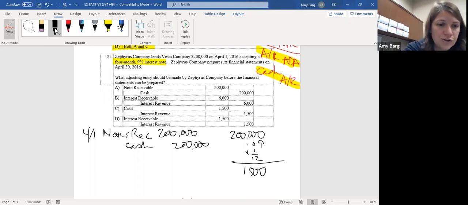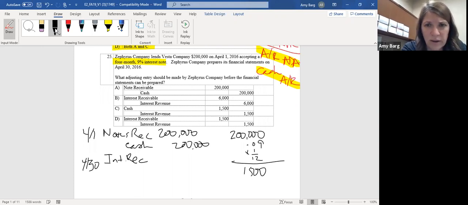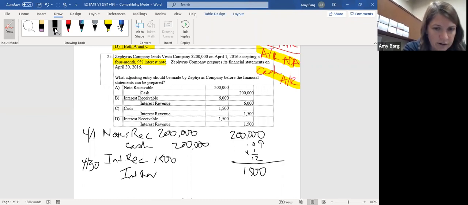So the journal entry that we have to make on April 30th is to interest receivable. We're not actually going to get the interest right now. They're not actually going to pay us. They're going to pay us in like 3 more months, but we have a receivable. We've earned that. So we have this interest revenue for $1,500.